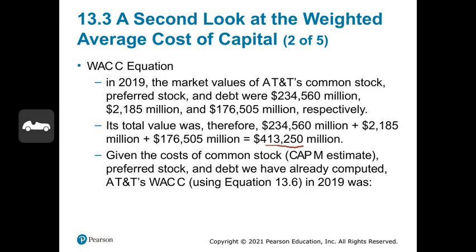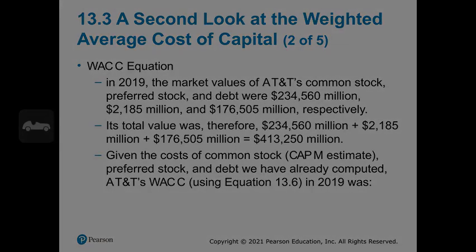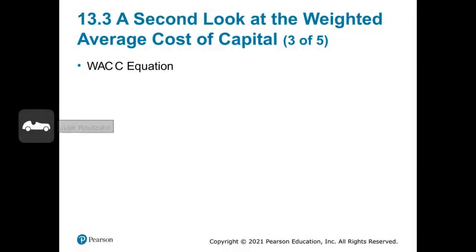So it's just a matter of plugging the numbers in the right places and then doing the calculations in your calculator. So we come up with a weighted average cost of capital of 4.8% for AT&T for 2019. So this slide is showing you the equation, everything plugged in, just as I said on the previous slide.